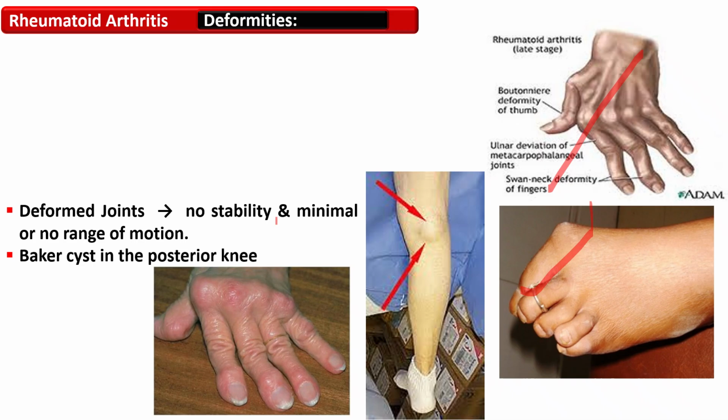So if the joint is deformed, it is not stable, so there is no or minimal range of motion, and sometimes due to weakness in the muscle, Baker cyst may develop in the posterior knee.